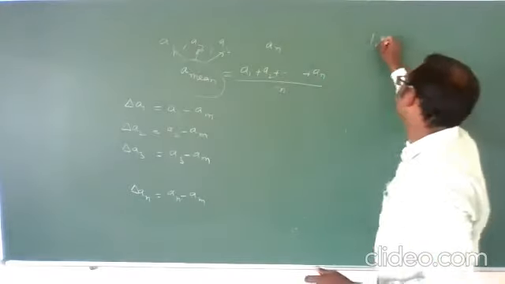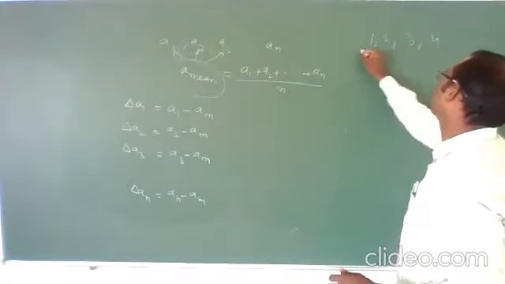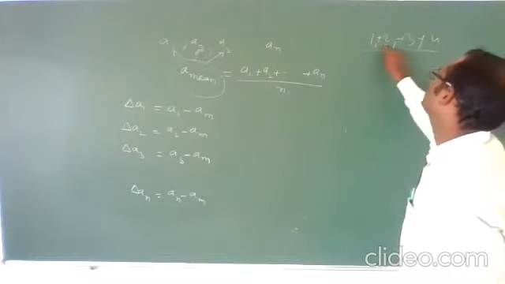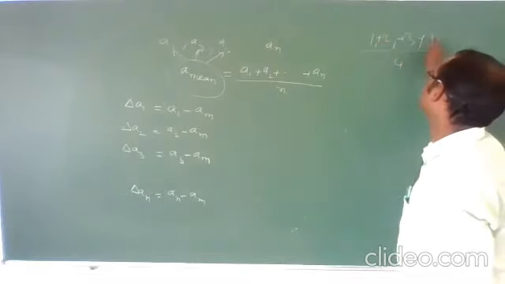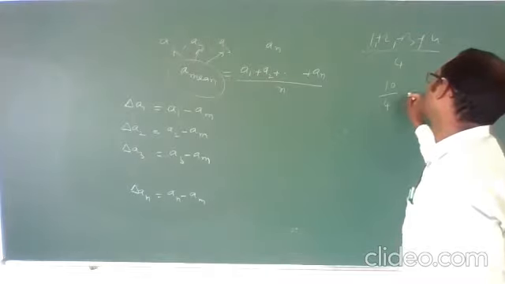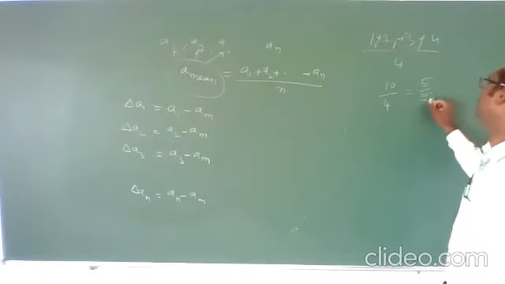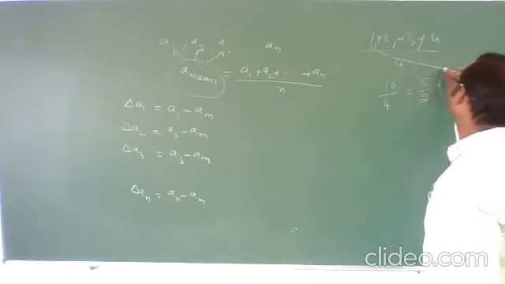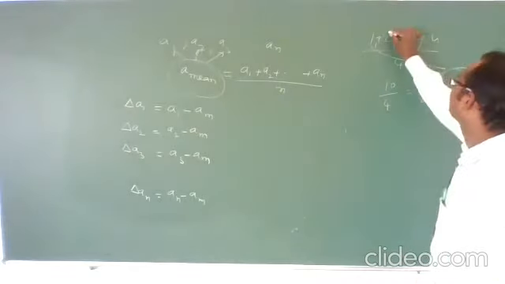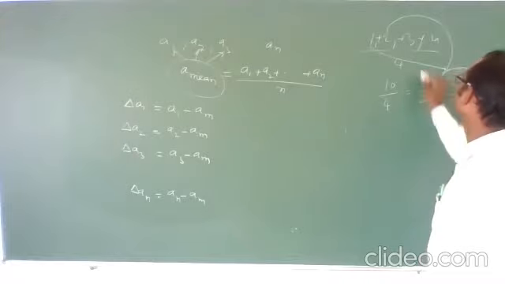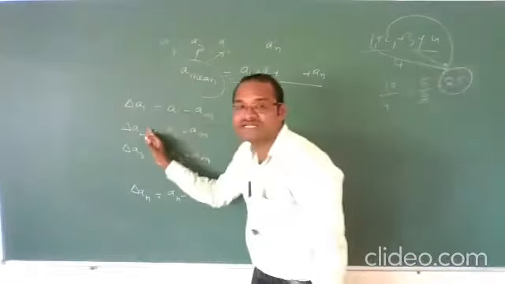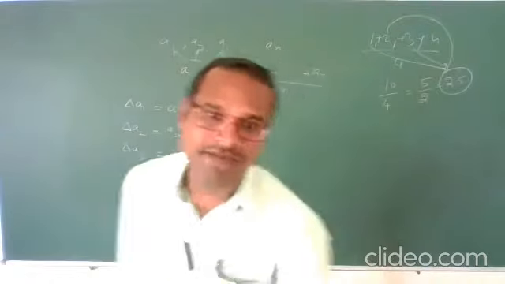If you take 1, 2, 3, 4, the mean value of all these numbers will become what? 1 plus 2, 3, 3 plus 3, 6, 6 plus 4, 10. 10 by 4 means 5 by 2, which is 2.5. Now, if you subtract from this, you will get negative. If you subtract from this, you will get positive. That means these absolute errors may be positive or may be negative.